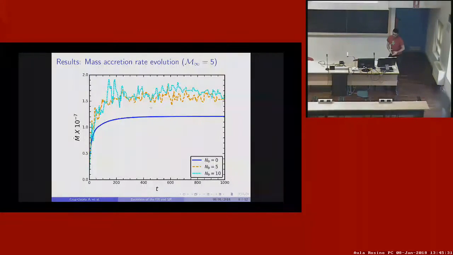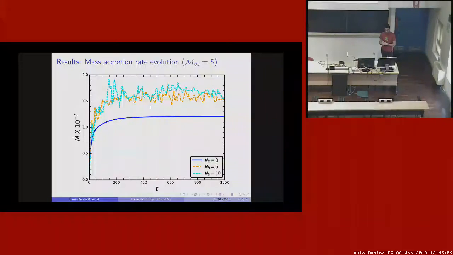But in the case without obstacles, which is the standard Bondi-Hoyle-Littleton accretion model, the accretion rate evolves smoothly. While if we add obstacles, the accretion rate fluctuates around a constant value.